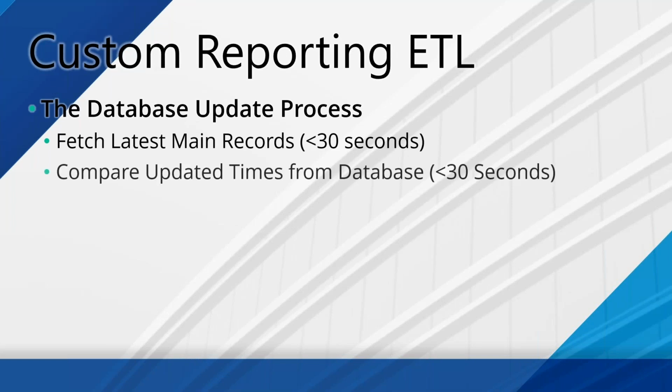Then I can look at what I've already got stored, compare the updated times from the database to see when it was last updated, comparing that to my latest fetch. And if something is new, then I go fetch the extra details.